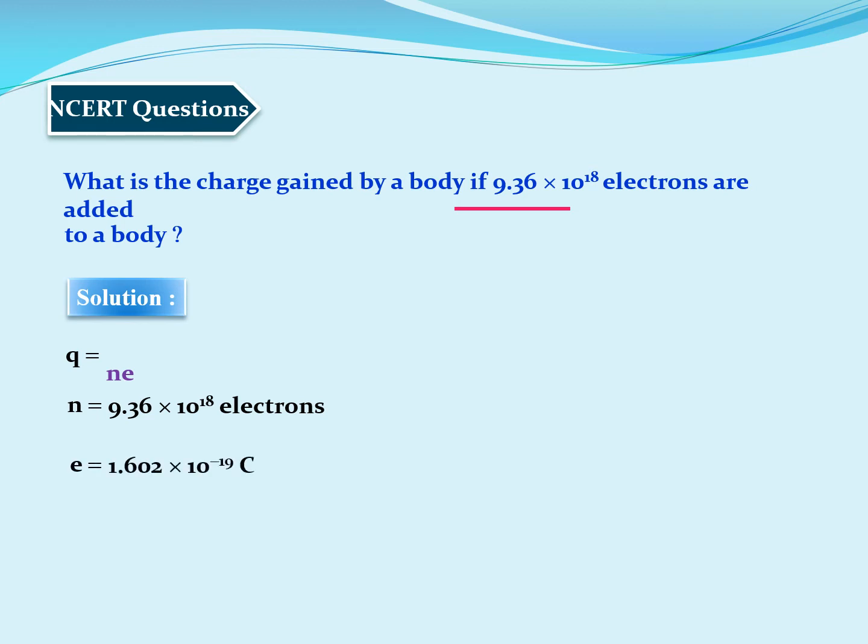E, as known to us, is 1.6 into 10 to the power of minus 19 coulomb. So substitute both these values to get your answer.